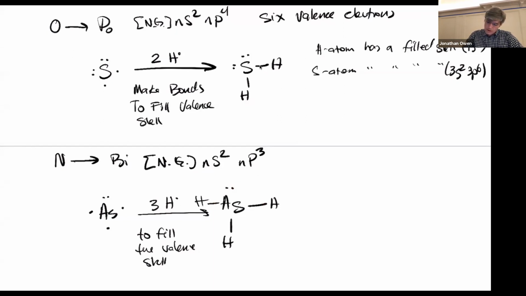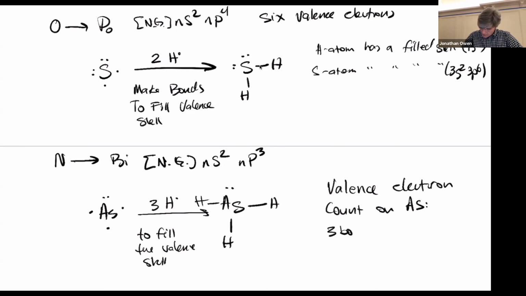So the valence electron count on arsenic is 3 bonds plus 1 lone pair equals 8 electrons, right?